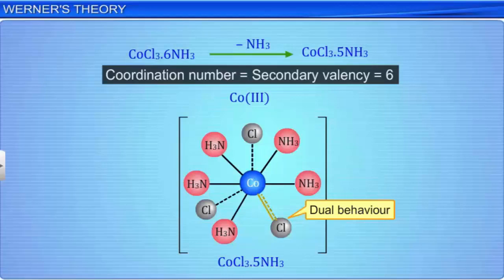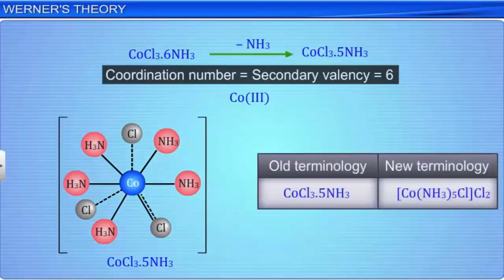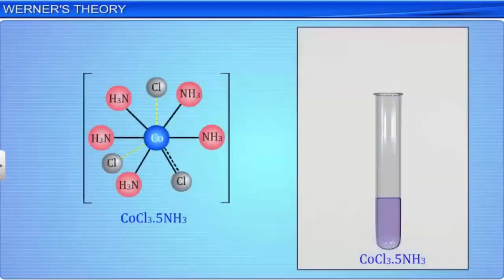In modern terms, the complex can be written as [Co(NH3)5Cl]Cl2. Thus, only 2 of the 3 chloride ions are ionic, and thus only 2 are precipitated as silver chloride with silver nitrate.